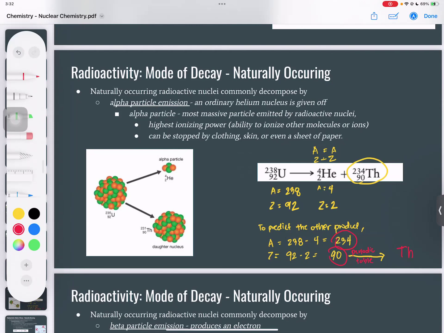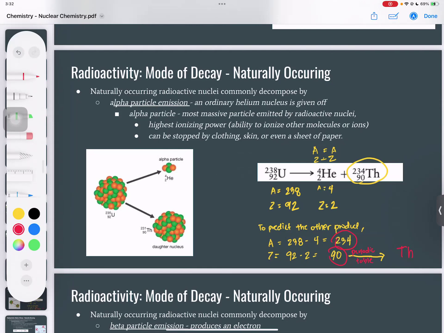So, the alpha particle is by far the most massive, the biggest particle emitted by a radioactive nucleus. So it has the highest ionizing power, or the ability to ionize, turning molecules into ions.